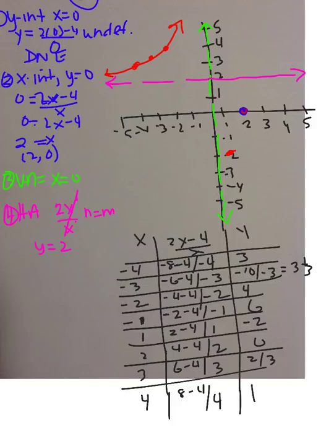I already had that one. I don't know why I did that one again. So I have 3 is 2/3, so it's a tiny bit higher than the x-axis. And 4 is 1. So that means it's going to look like this on the other side. That should go through that point there. Okay, so let's flip it over and take a look at the back.